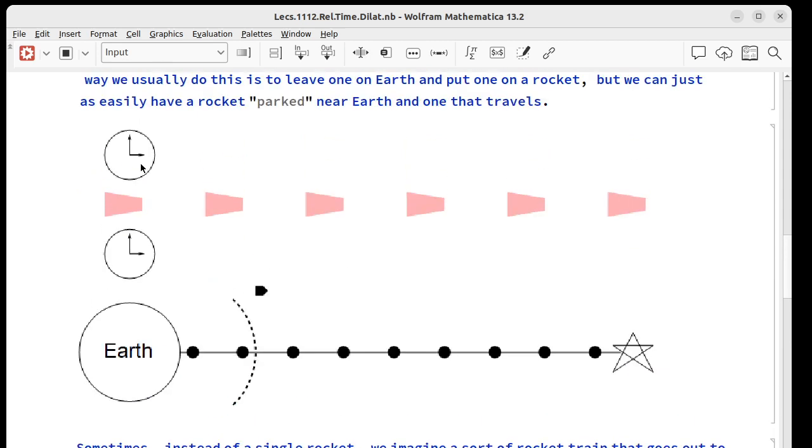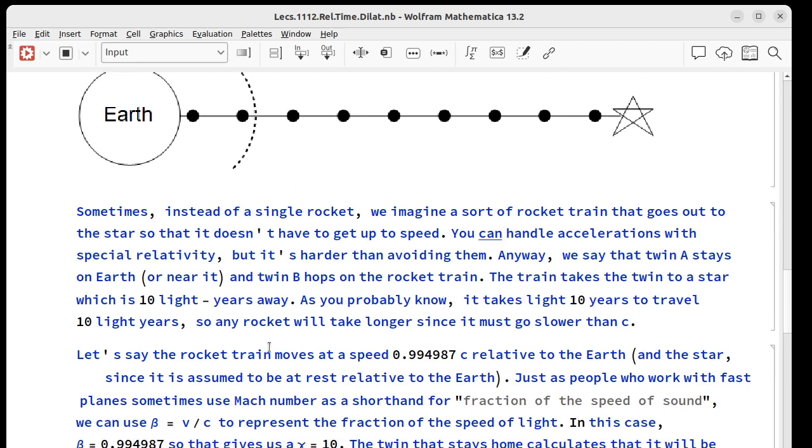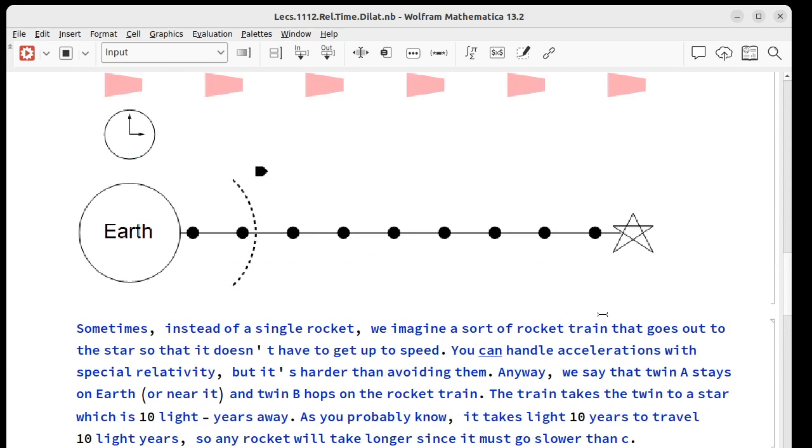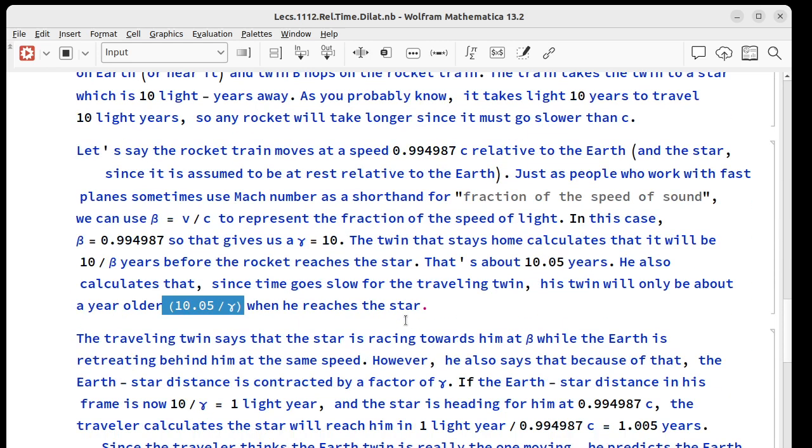Now, what does the traveling twin say? He says the star is racing towards him at high speed. And the Earth and the star are moving at the same speed, so the traveling twin sees both the Earth and the star racing to the left at crazy high speed. Because it's moving towards him at high speed, he says that distance is not 10 light years anymore. He says it's 10 over gamma, or 1 light year.